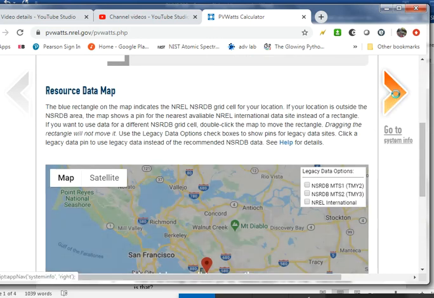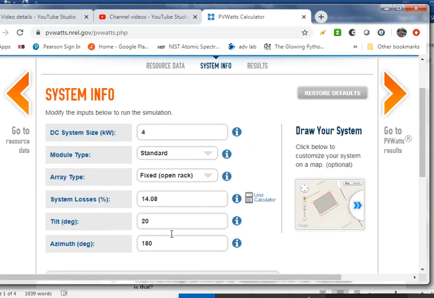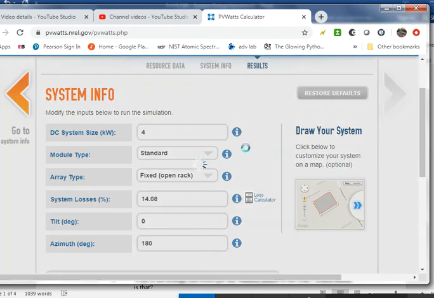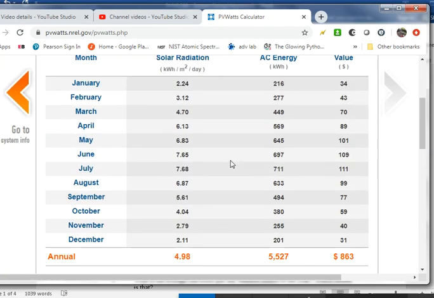And we'll say Go to System Info. And the worksheet will ask you to do a couple of things, such as turn this tilt angle in degrees to 0, and then go to the PVWatts results. Now, when we do this, we actually get the amount of solar radiation.